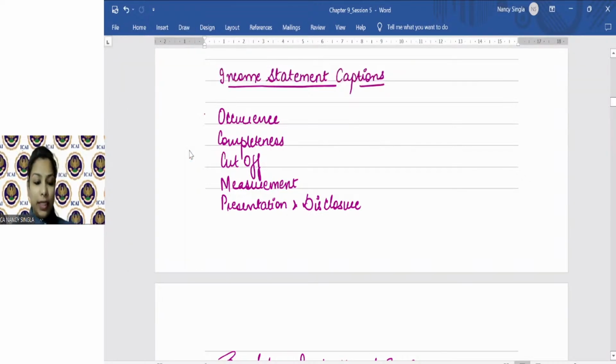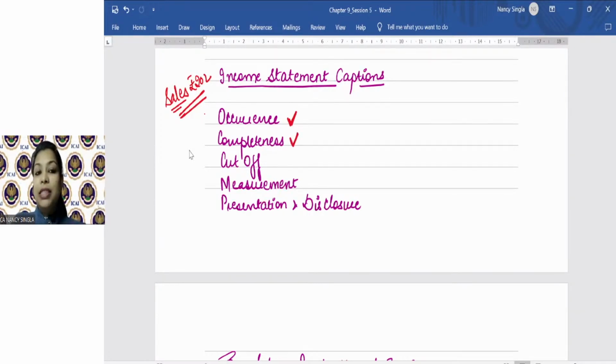So let us try to understand these assertions with the help of an example also. If you remember, I gave you this example, that if the sales are appearing at 20 lakhs, then the management is asserting that these sales have actually occurred during the year and they pertain to the entity.